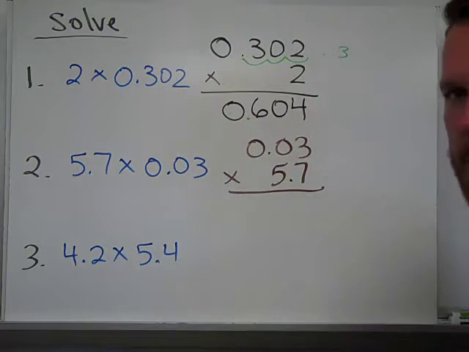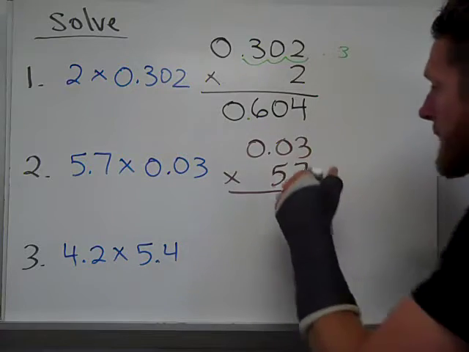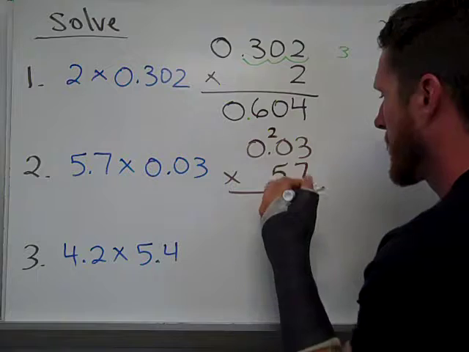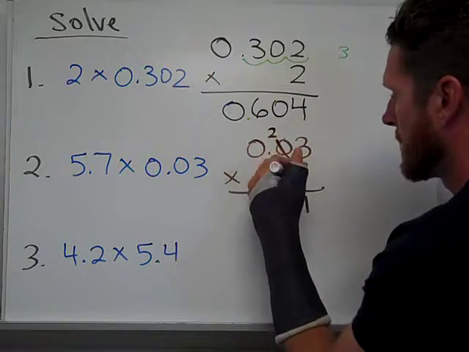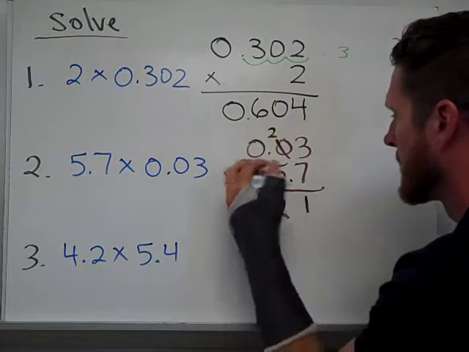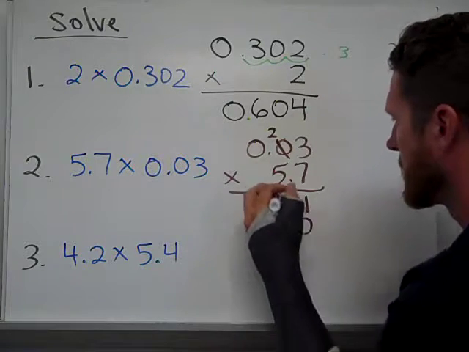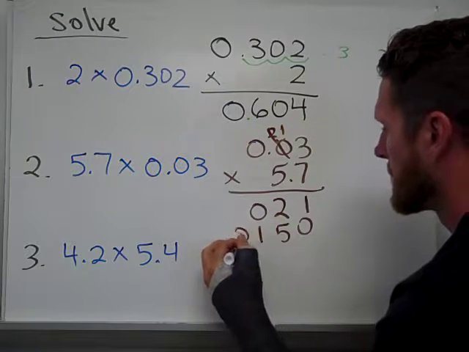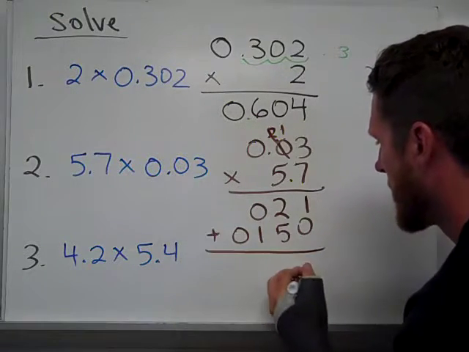I could still do that, but I'll just leave it because I already wrote it out. So 7 times 3 equals 21. 7 times that equals 0, plus 2. And 0. Carry my 0. 15. 1, 0. Add it up.